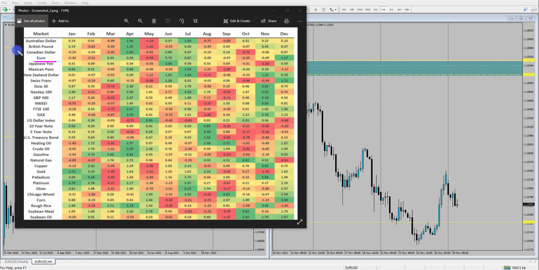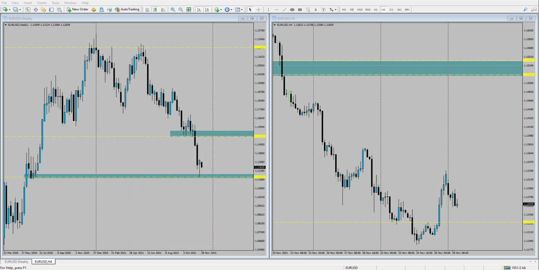seasonal analysis. Now, if we look at the heat map here, you can see that euro, one of its best performing months is through December, and the US dollar index, which is just here, one of its worst performing months is through December as well, making it a really good opportunity to potentially look for that reversal. Not just that though, we've got some other data.